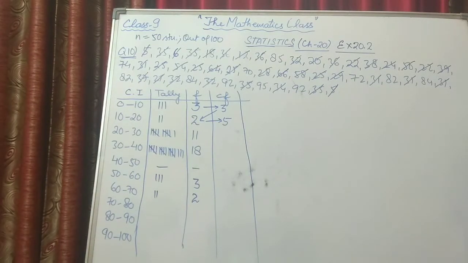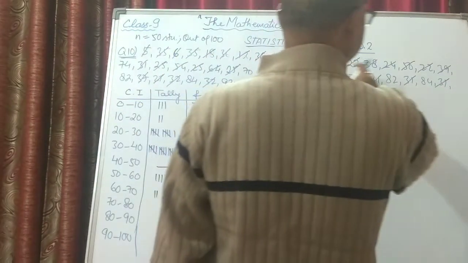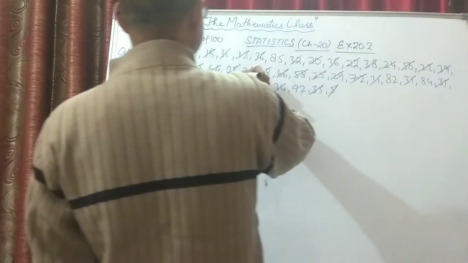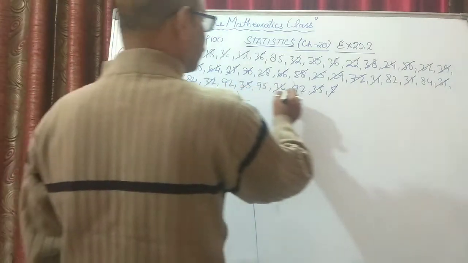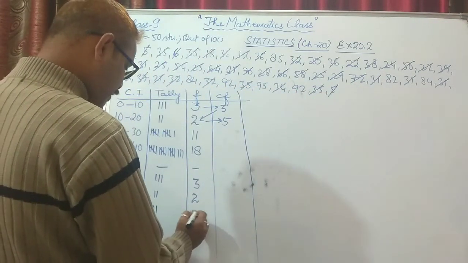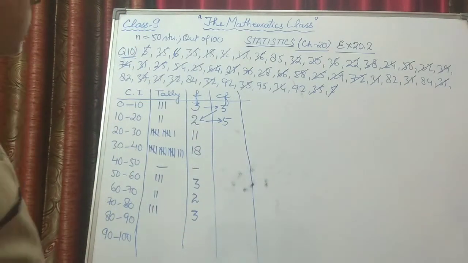Then from 70 to 80, it is 1, 2, 3. So 3 between 70 to 80.